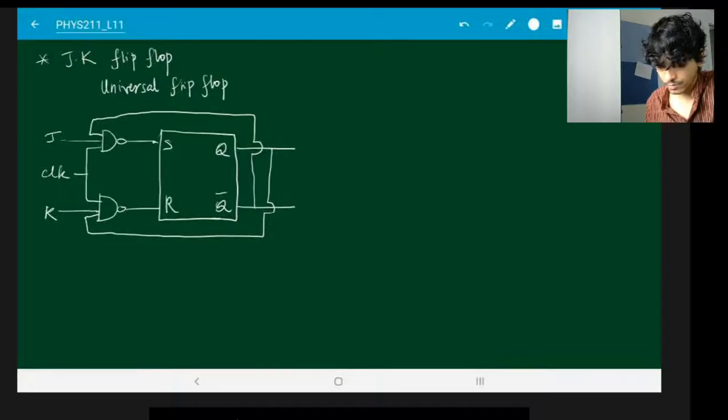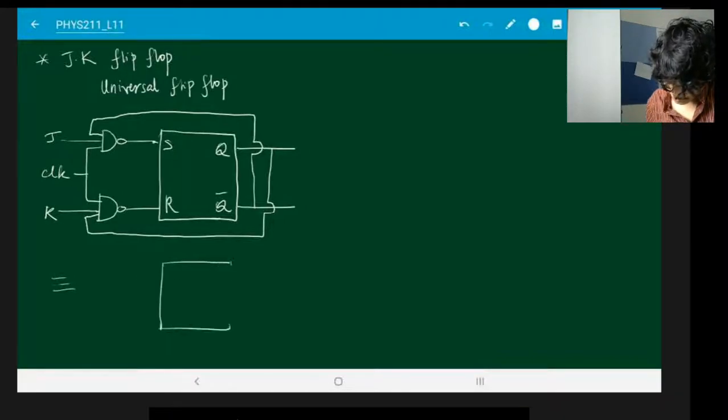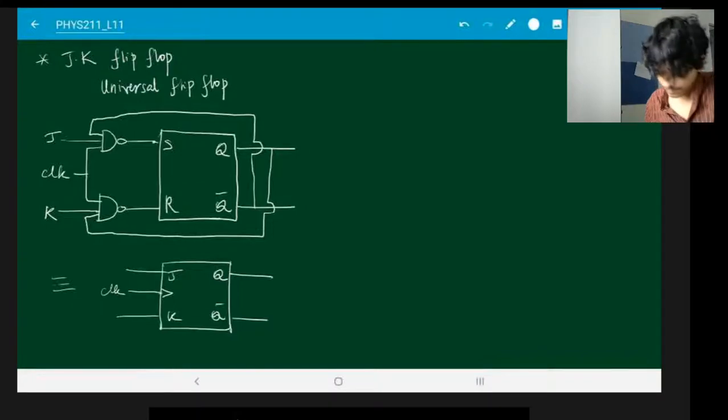One is the clock, one is the external input, and one is feedback from the output. So this is your JK flip-flop, and this is denoted as JK, and there is one clock.